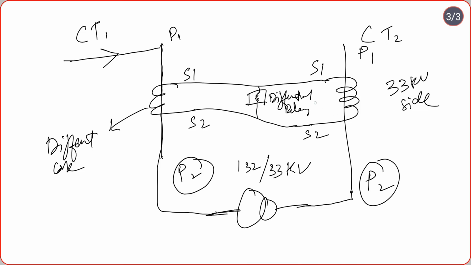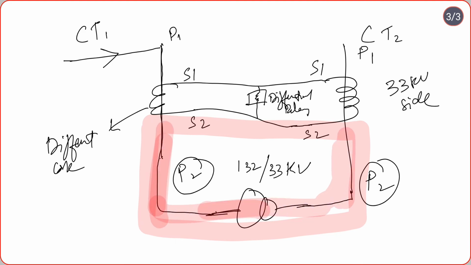When we connect it in this scheme, then only we are able to create a protection zone, and that protection zone is the area, this is the area. This is our protection area.